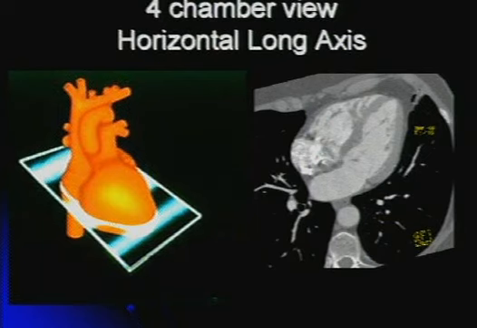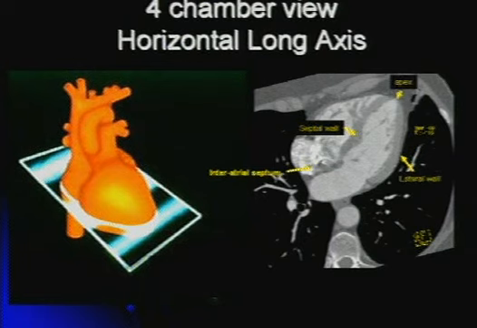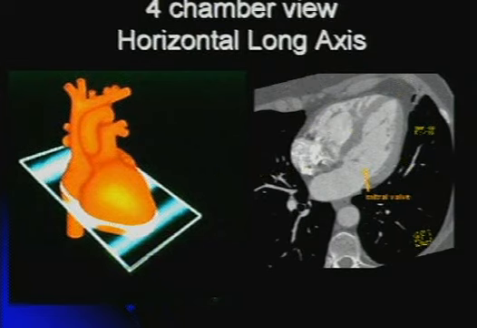The wall segments include the interatrial septum, the interventricular septum, or septal wall, the lateral wall of the left ventricle, and the apex, as well as the right ventricular free wall. We also get a view of the atrioventricular valves, including the left-sided mitral valve and the right-sided tricuspid valve. And in addition, we can see the thin pericardium that surrounds the entire heart.